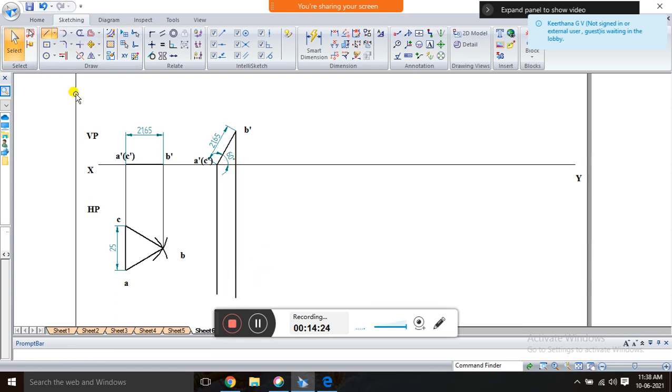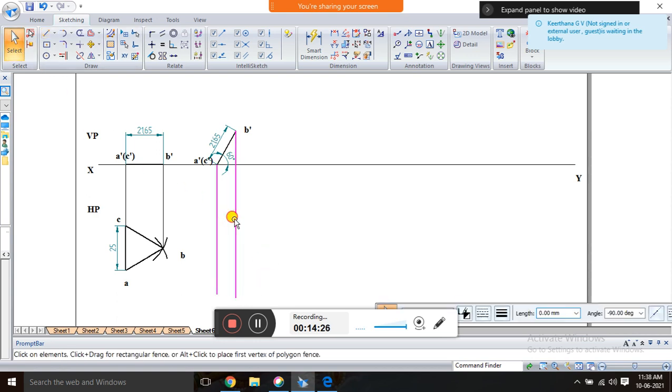This line is very thin because these are projection lines. Project the front view downward, and here also you have to project these top view points. With the help of a scale you have to draw.